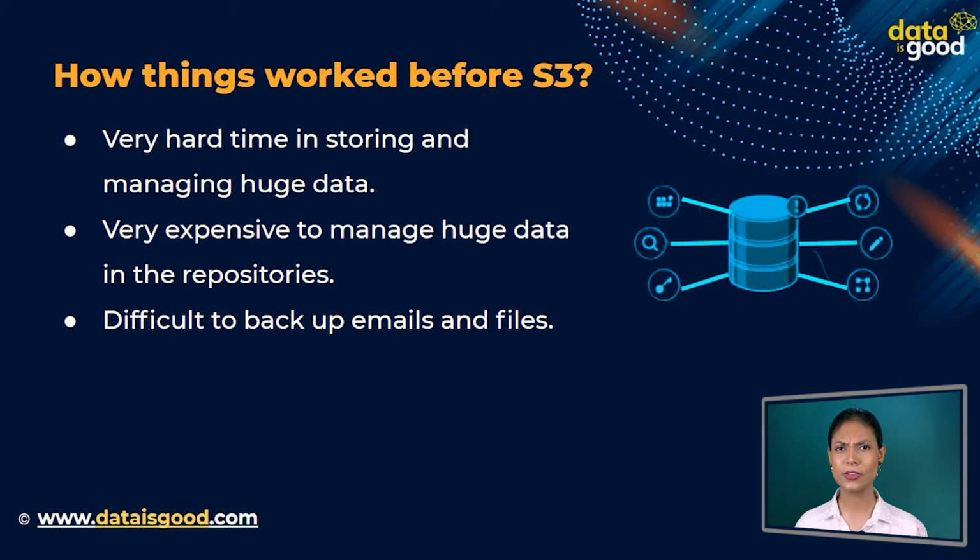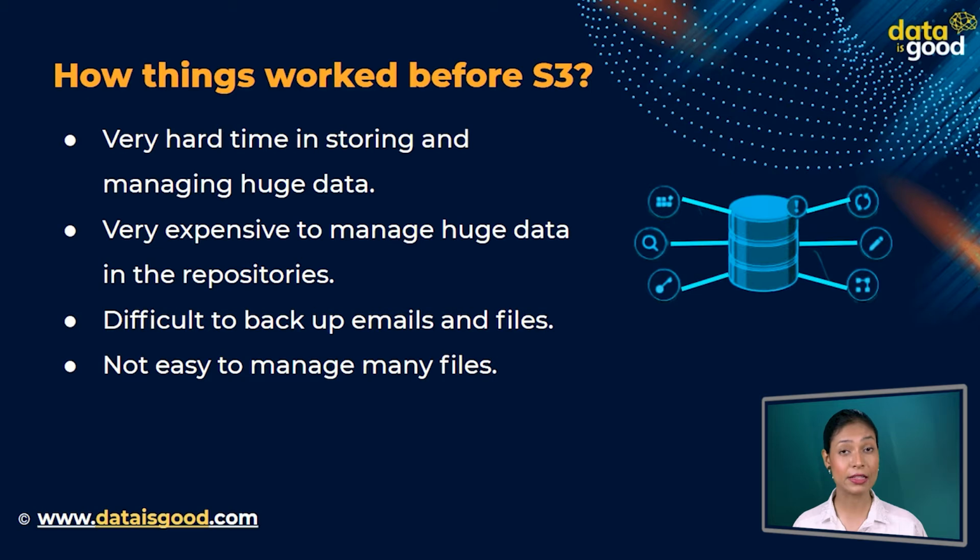It was also difficult to back up emails and files, which required a lot of storage space. So in short, it was not easy to manage many files, and the cost which the company had to incur was also quite high. So companies used to face many problems.